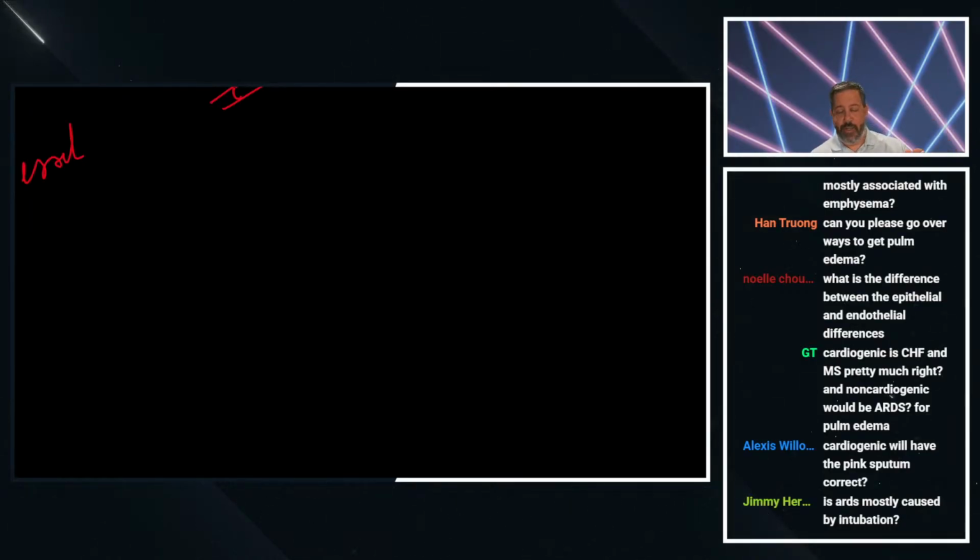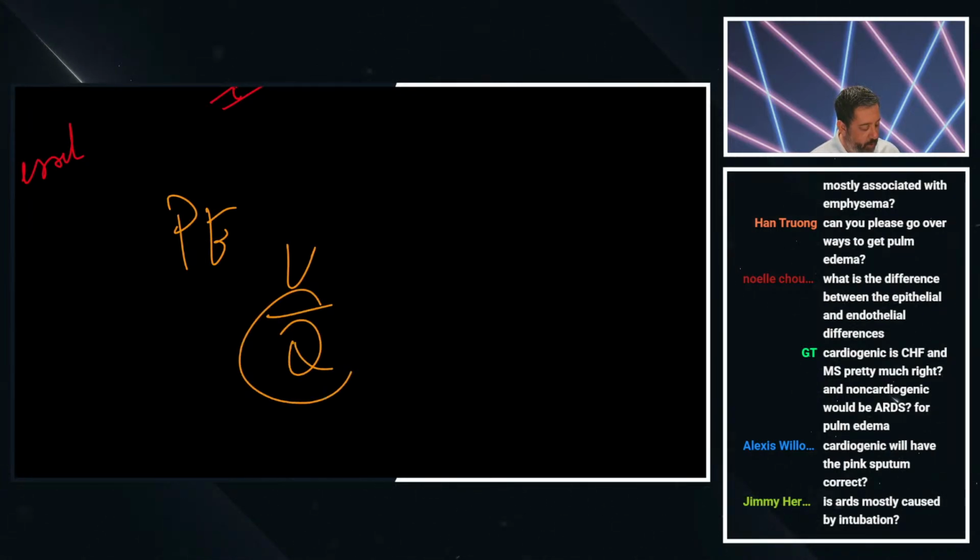They can go crazy, but I do it just for demonstration purposes. But in a PE, the problem is with perfusion, because now you have a clot, you're occluding the artery, no blood can get through, therefore no perfusion, no diffusion of oxygen, therefore they become hypoxic.